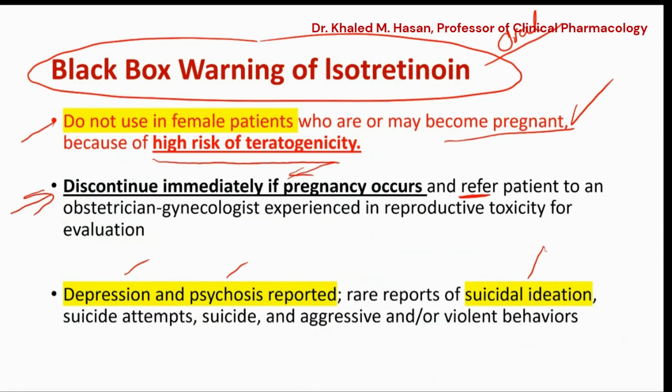So you can see the warning from the isotretinoin, pregnancy and suicidal thoughts, a very important main concern for the healthcare provider. You need to educate your patient about these two main things: pregnancy, not allowed, absolute contraindication. Then we have suicidal ideation.